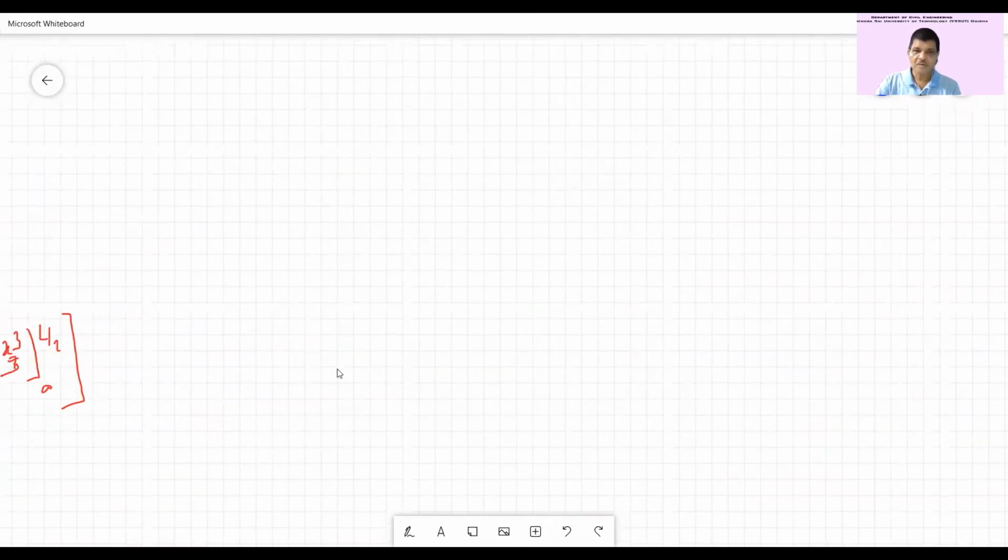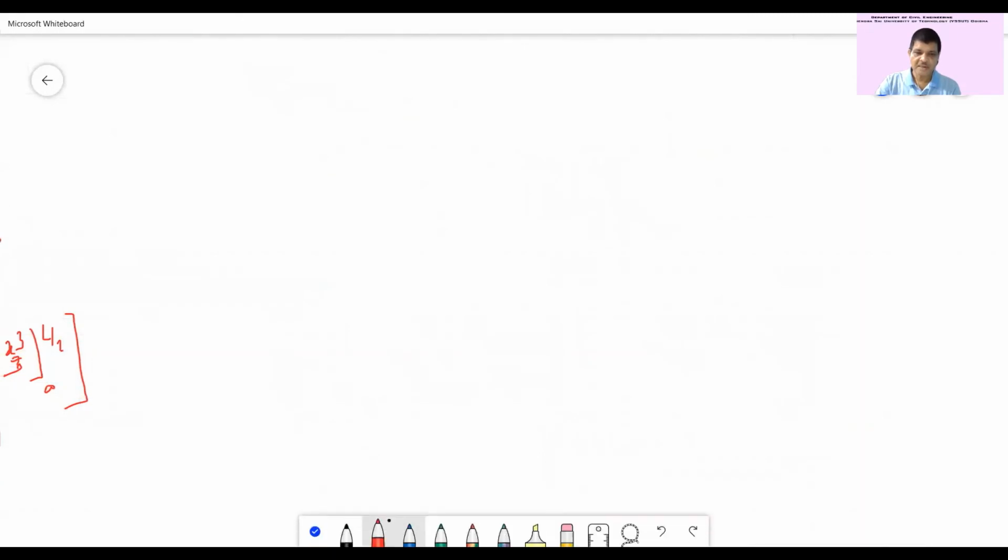Again, we'll find out the term given below, that is the integration from 0 to L of y square dx. That is the term given at the bottom. So what is y square?